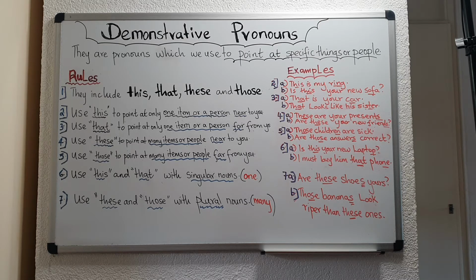So rule number 2, use this to point at just one item or just one person that is near to you. Now, for example, I could say, is this your son? Or is this your daughter?